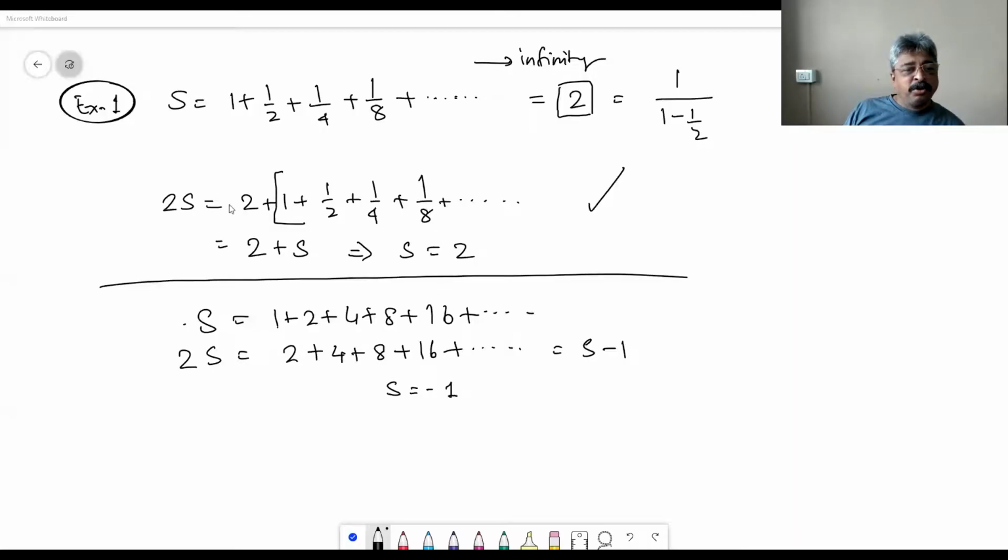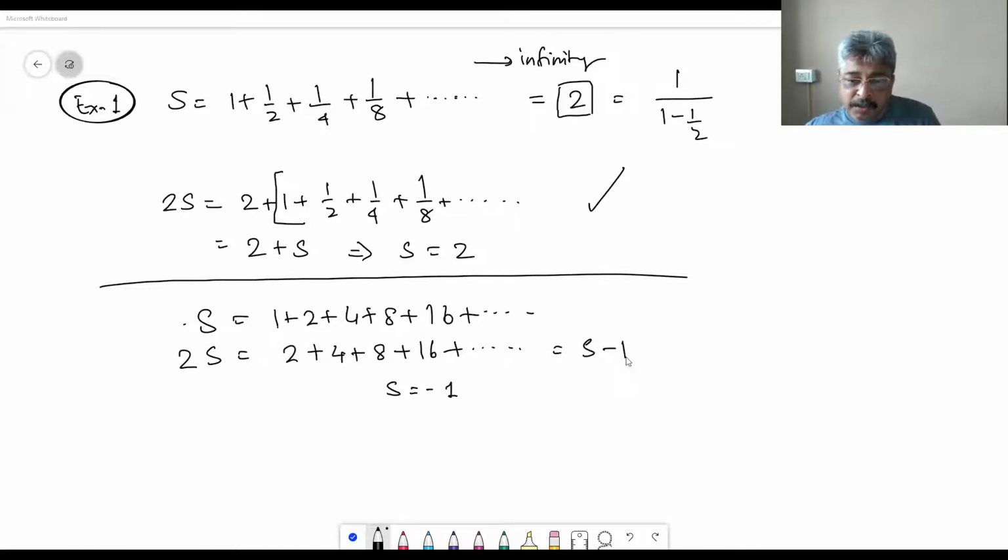We are doing a simple real number operation, simple multiply by 2, and if you get exactly similar thing you just reduce it: s minus 1, s is equal to, and now the answer is correct. It is not convergent, it is divergent, it is tending to infinity, therefore you really do not know what happens at infinity.